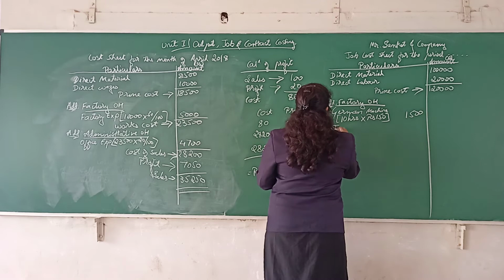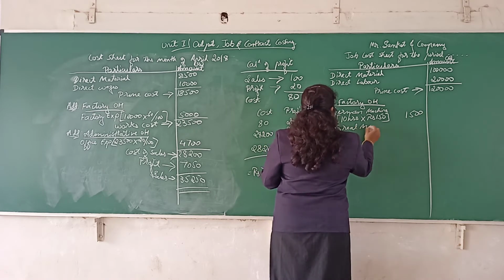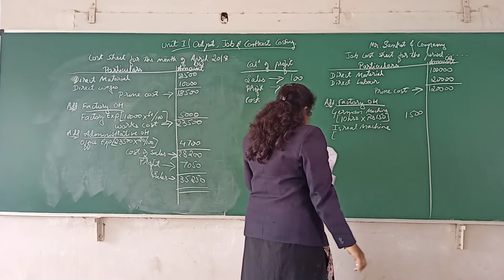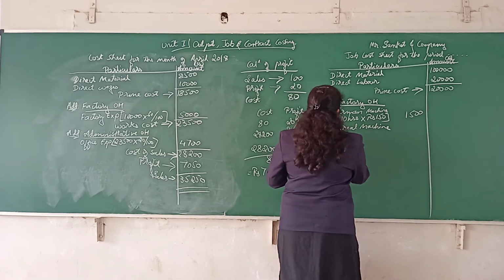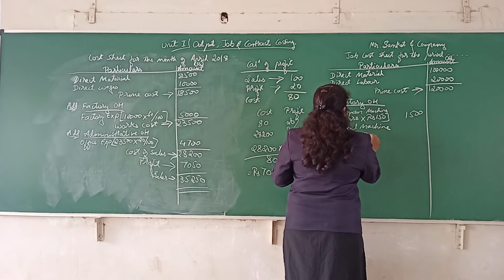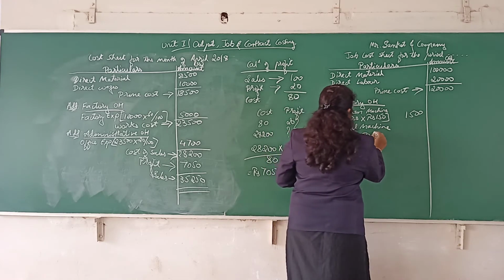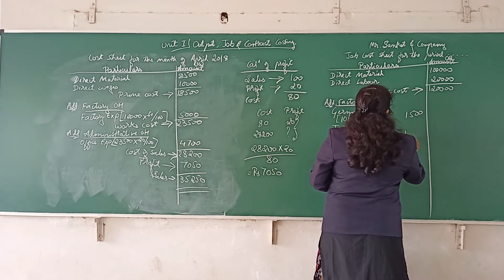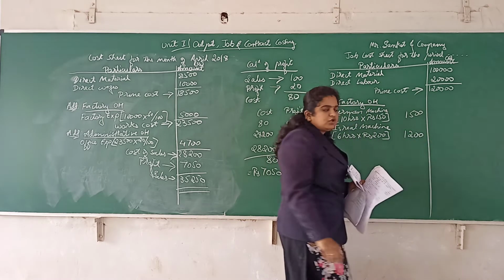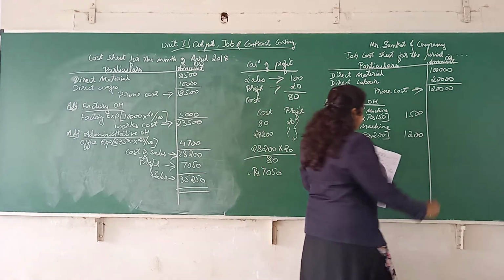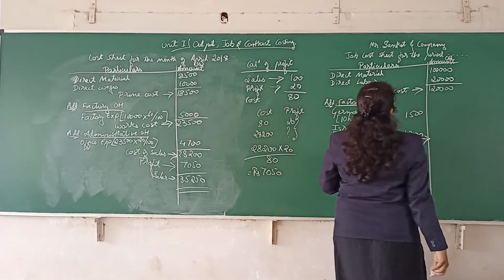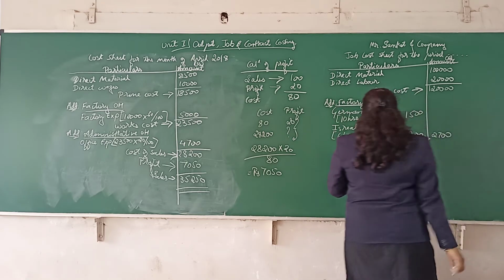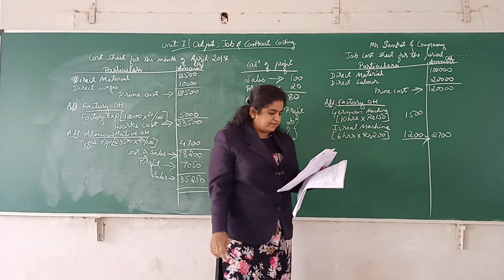Next is Israel machine. Israel machine is used for 6 hours into rupees 200. Okay, the amount is 1,200 in the inner column. Make total and take it to the outer column, that is 2,700.